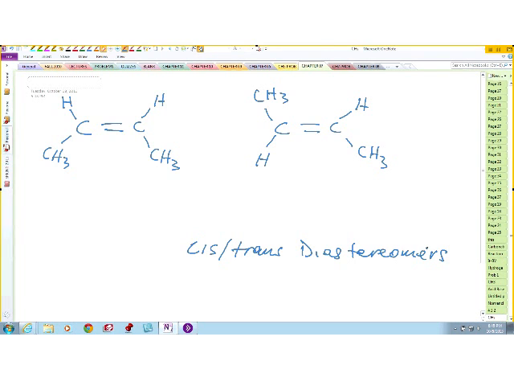So in this case, these are cis-trans diastereomers as opposed to configurational diastereomers. The configurational diastereomers, if you recall, those will contain more than 2 chirality centers. Okay. So now, we call this cis-2-butene, and this becomes trans-2-butene.